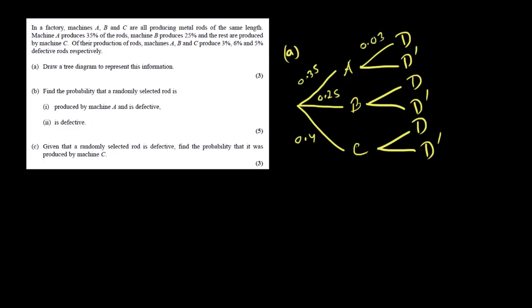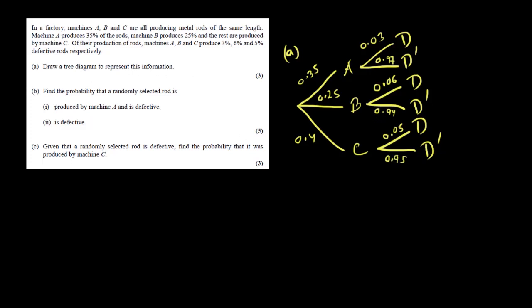If it is machine B, it is 6%, so there is a 0.06 probability of being defective. If it is machine C, the probability of being defective is 0.05. Now we can find the probability of not defective by subtracting from 100%. So 1 minus 0.03 is 0.97, 1 minus 0.06 is 0.94, 1 minus 0.05 is 0.95. So this is how it goes. So this is the tree diagram.